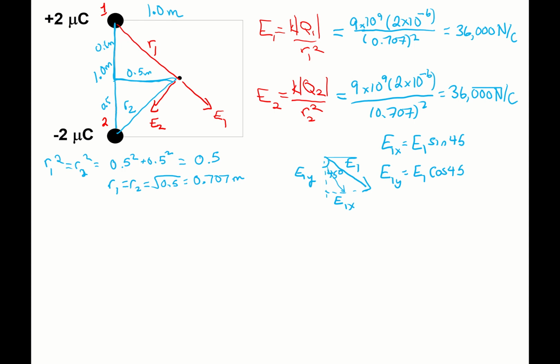Putting in my numbers, E1x is 36,000 times sine of 45, and I get 25,456.